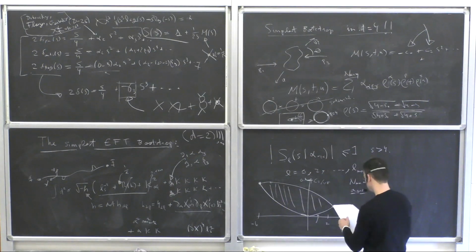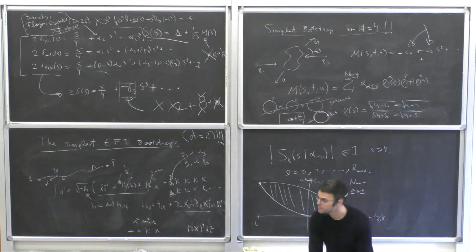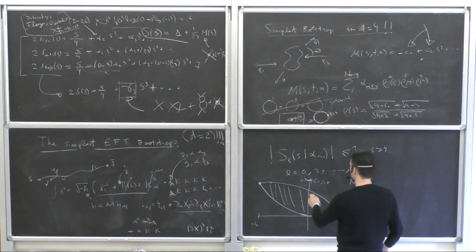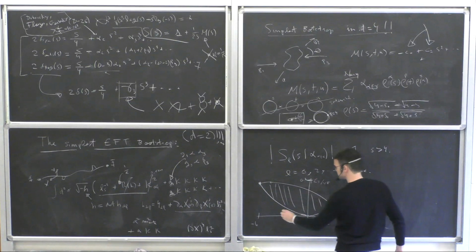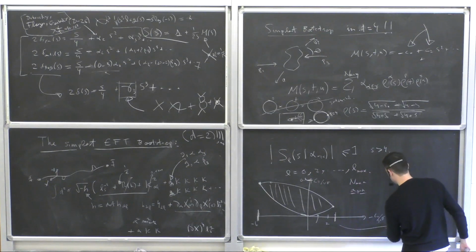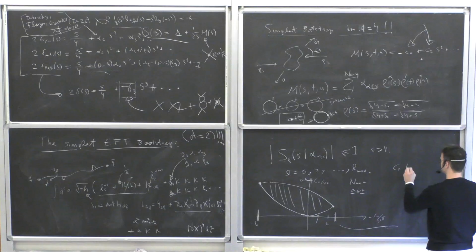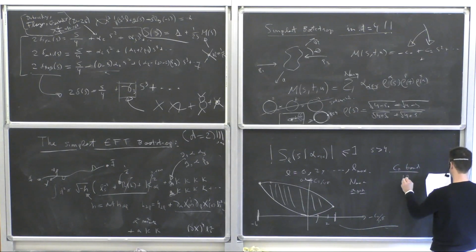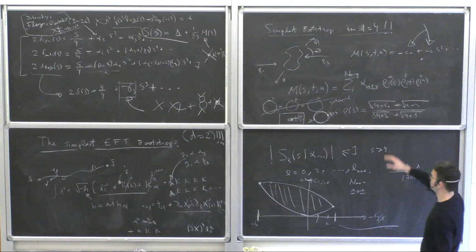Now, let me give some references, and then I'll make a few more comments. If you want to read more about these numerics, this bound on the range of C0, you can read more in this arXiv paper, which contains all these equations.